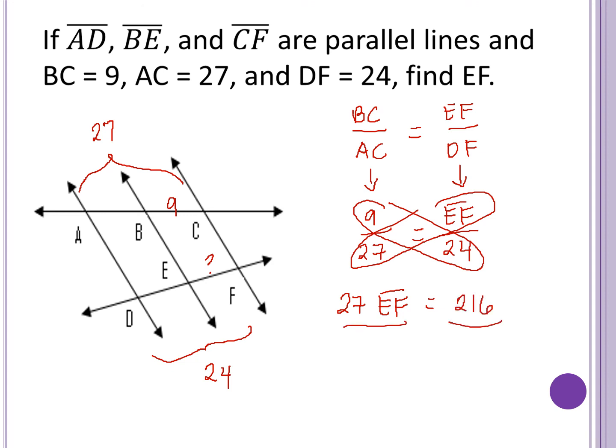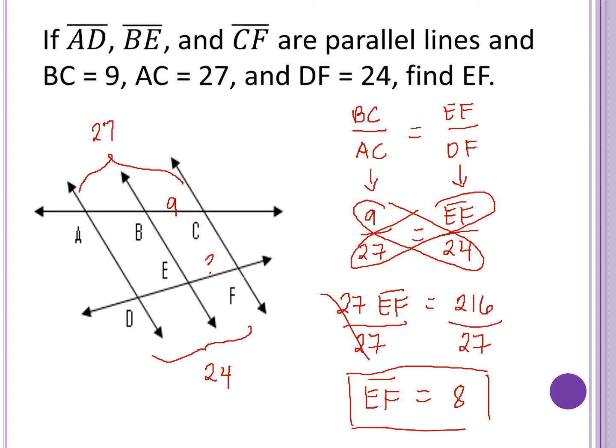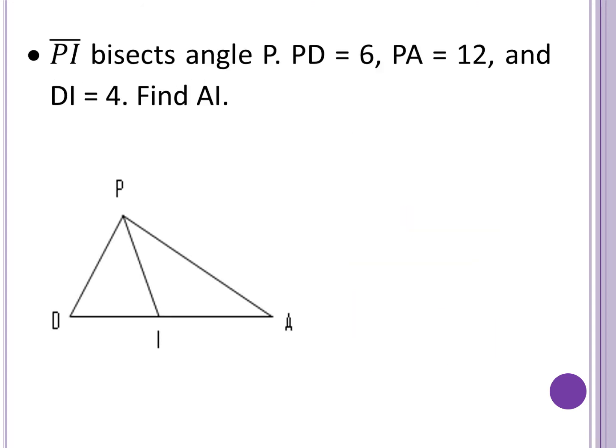To solve for EF, we divide both sides by 27. 216 divided by 27 is equal to 8. Therefore, in the given figure, EF is equal to 8.